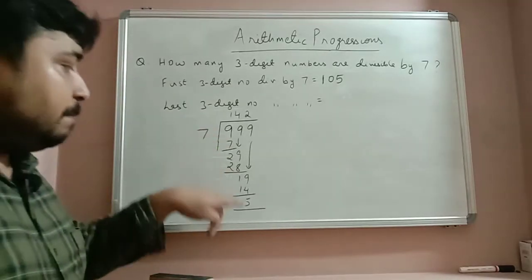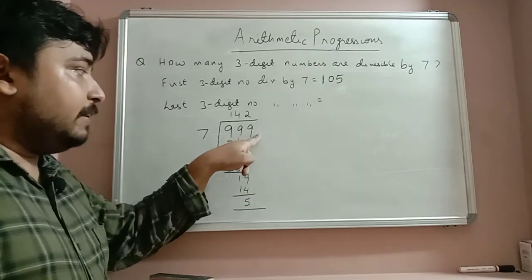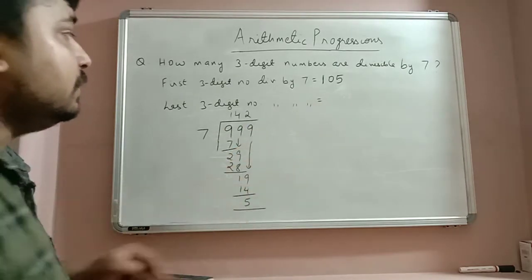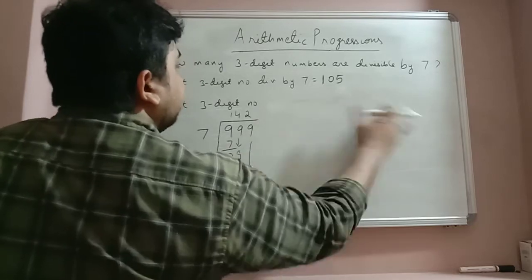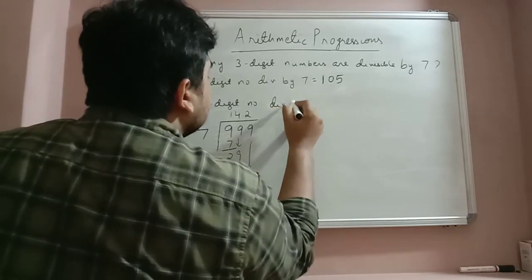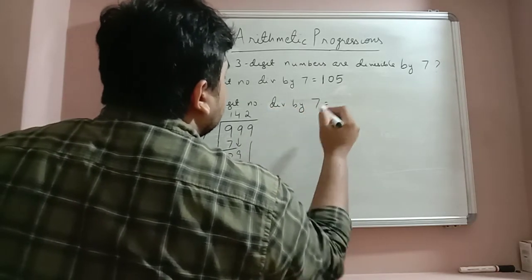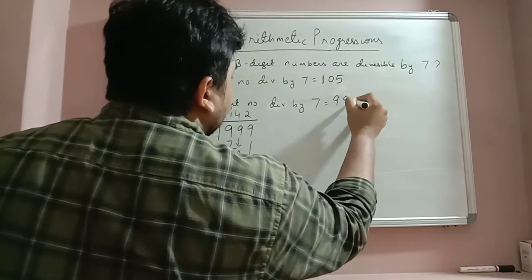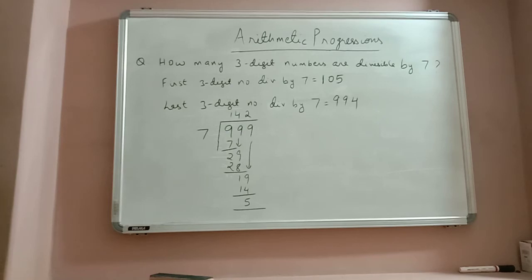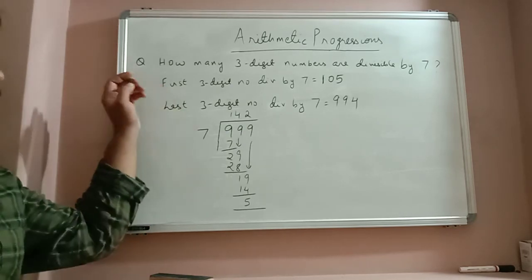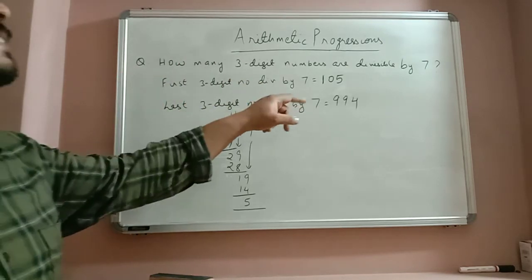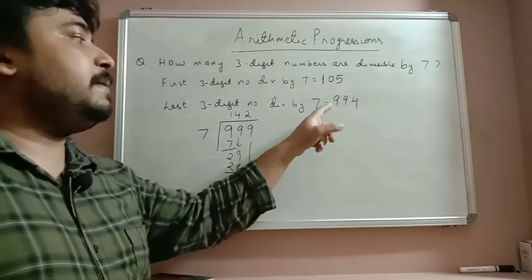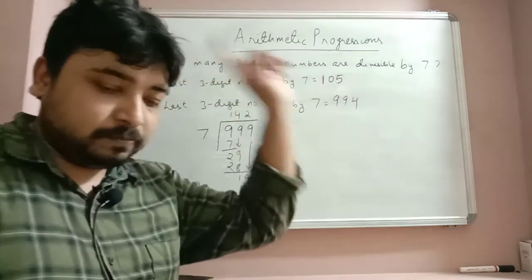So we simply subtract this remainder from the number: 999 minus 5 gives 994. So our first 3-digit number divisible by 7 is 105 and our last is 994.